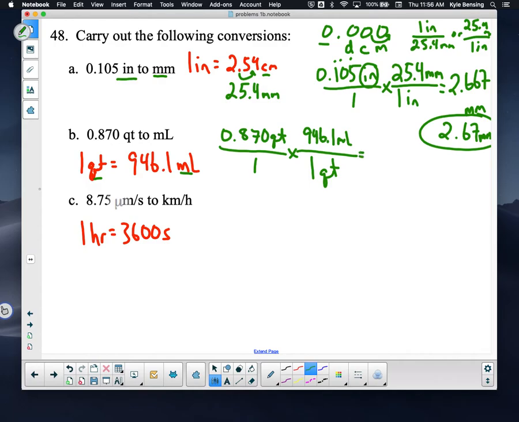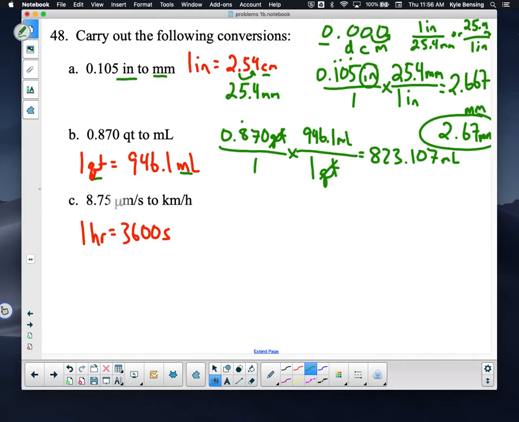Okay, I multiply going across the top. 0.870 times 946.1 equals 823.107. This will be milliliters, since quarts and quarts cancel.